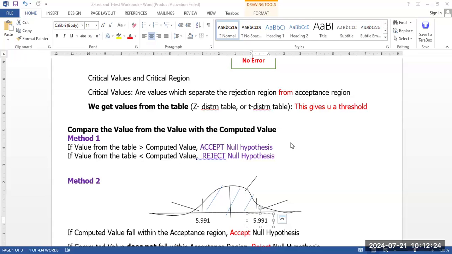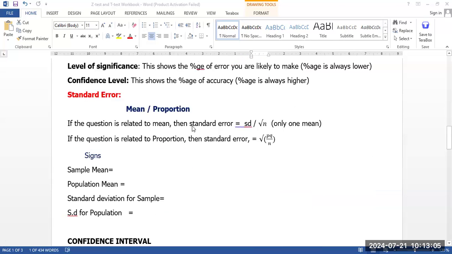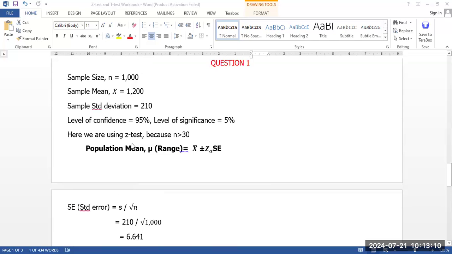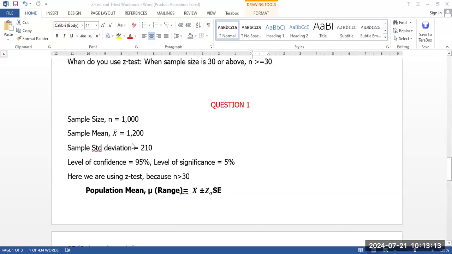By the time we finish all these questions, you will actually appreciate how to distinguish between one-tailed test and two-tailed test. Just follow up to the end. Are we together? Every time you're dealing with a question that is telling you to find out range, just know you don't have the sign. You don't know whether you're dealing with negative or positive values.